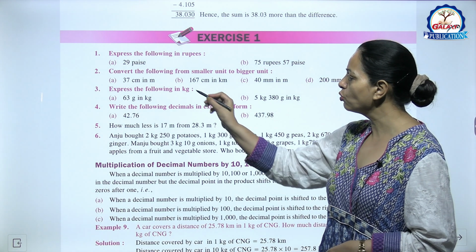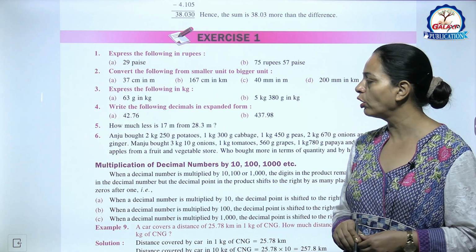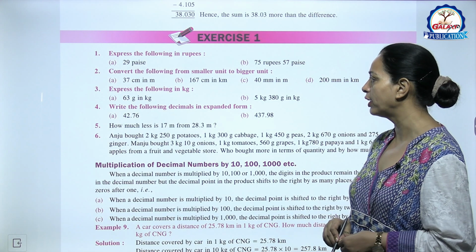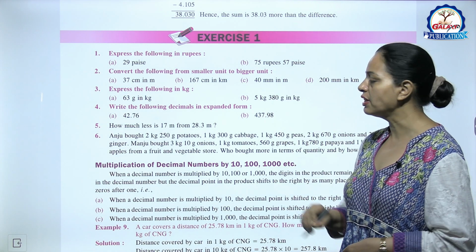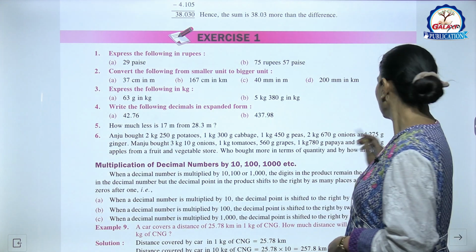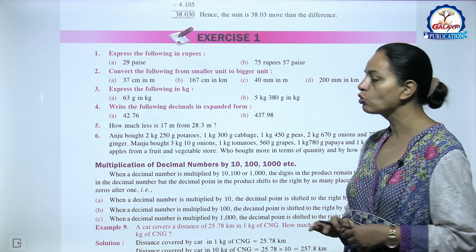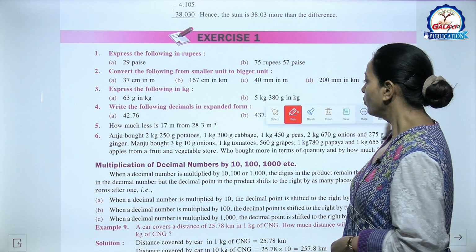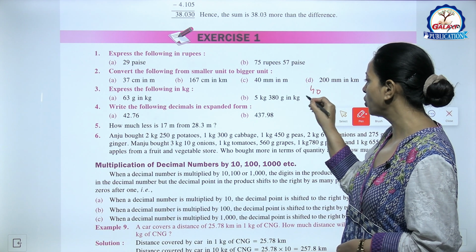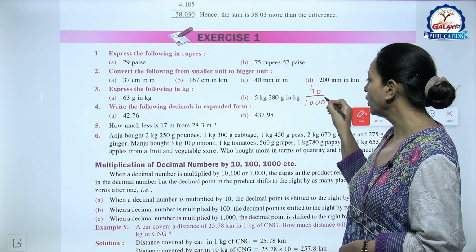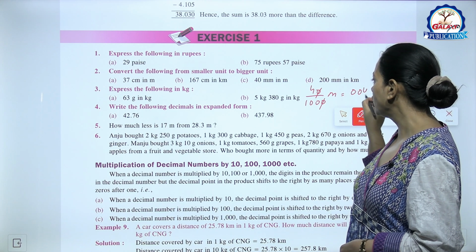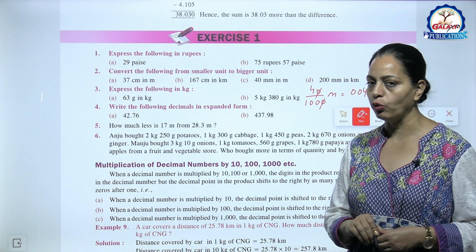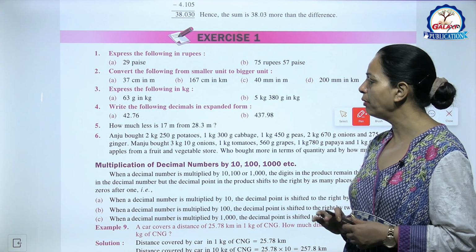Now question number 2, convert the following from smaller unit to bigger unit. Means like here C part, 40 millimeter in meter. So you know 1 meter equals 1000 millimeter. So 40 millimeter means 40 divided by 1000. So answer is 0.04 meter. Okay. Similarly, you can try remaining parts.